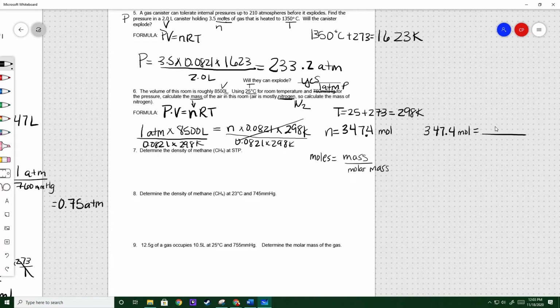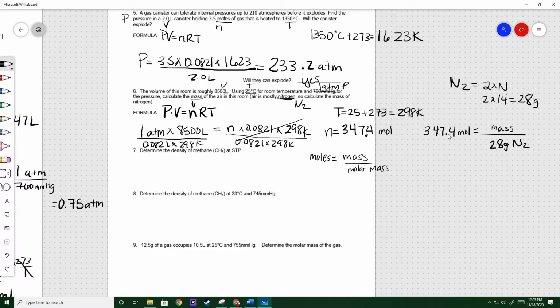My mass is my x value. I don't know what my mass is. And my molar mass would be nitrogen times 2, so N2 would be 2 times nitrogen's mass, which is 2 times 14 basically. So that's 28 grams, the molar mass of N2. So I would just solve for my mass.